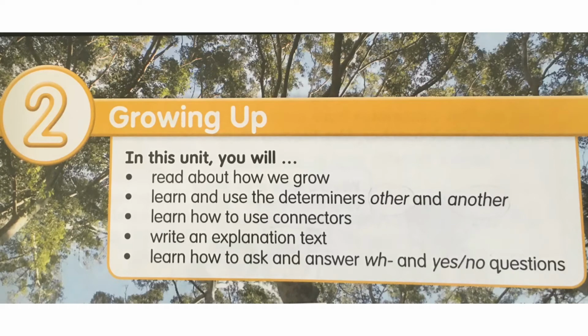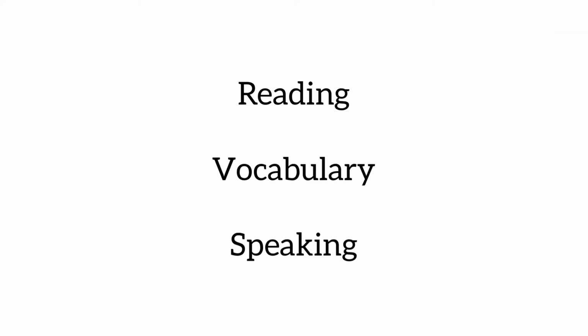In this unit, you will read about how we grow, learn and use the determiners other and another, learn how to use connectors, write an explanation text, and learn how to ask and answer WH and yes/no questions. But today, we only study about reading, vocabulary, and also speaking.